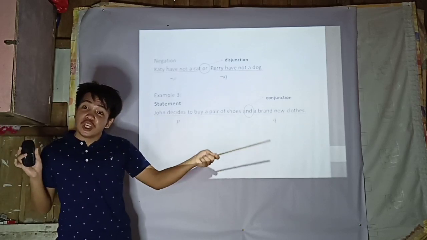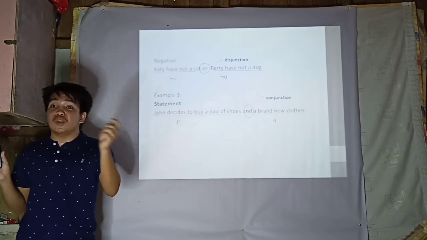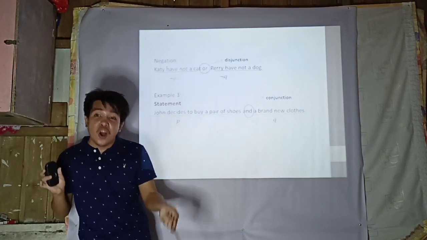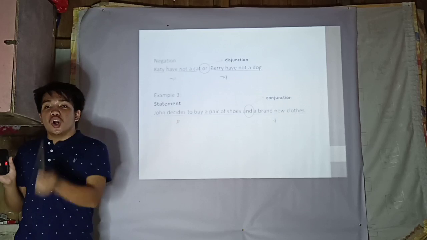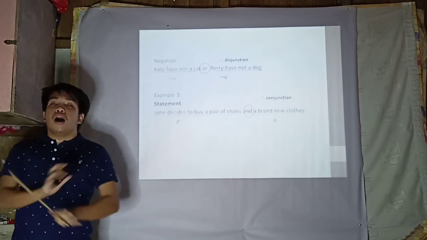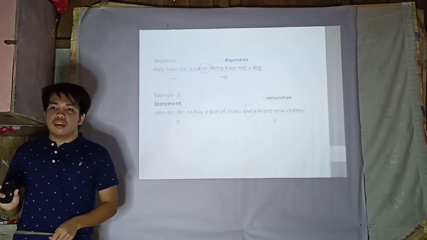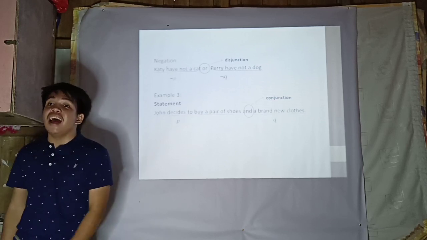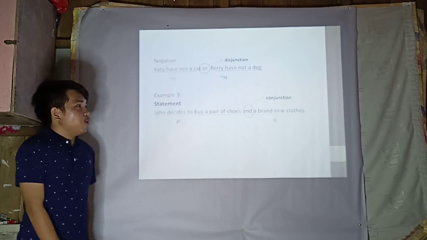If it's a conjunction, negate the statement into a disjunction. If the statement is a disjunction, negate the statement into a conjunction. It is the equivalence between the conjunction and the disjunction.